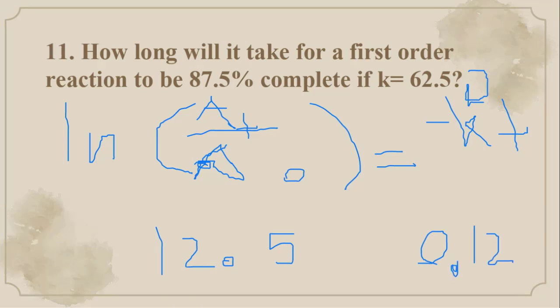When we do the math, we don't want to work with percentages. We always convert them to decimals. So 0.125 is how much we end up with, or how much we have left.